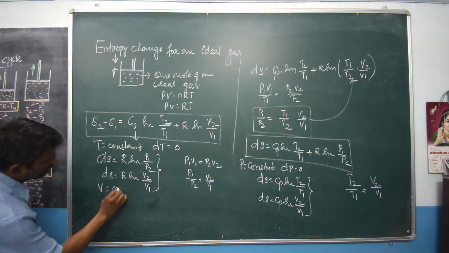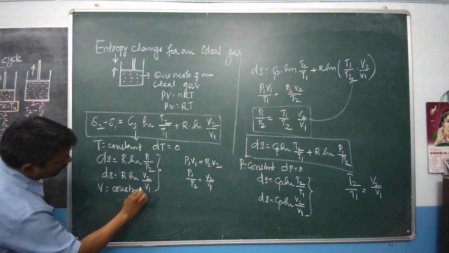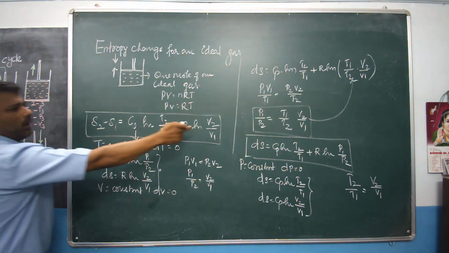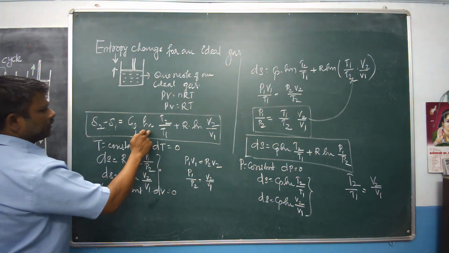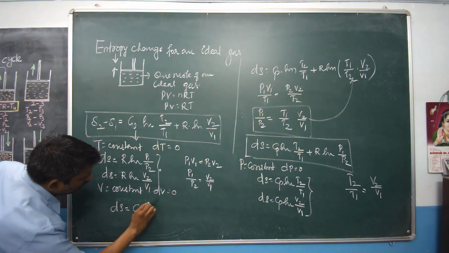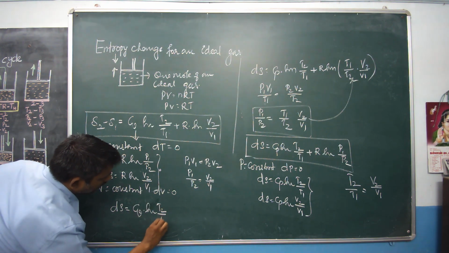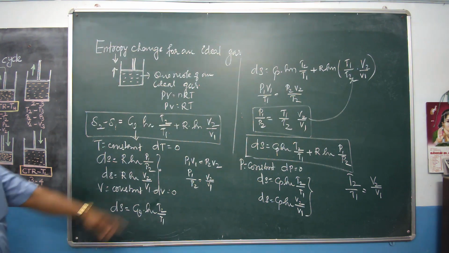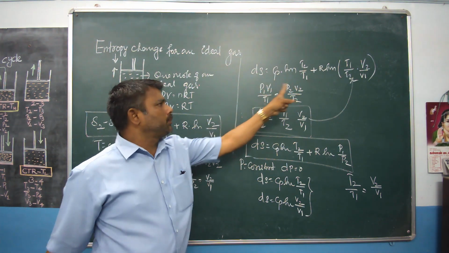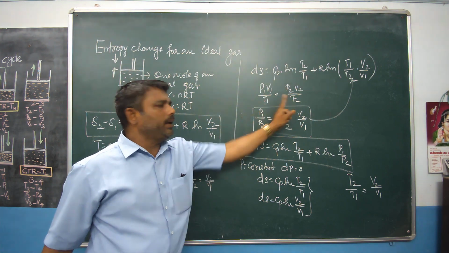Next one is the constant volume process. V is constant, hence dV is equal to 0. Using this equation, when volume is constant, this equation becomes dS is equal to Cv ln T2 by T1. In this equation, V1 and V2 are the same. V1 is equal to V2, hence P1 by T1 is equal to P2 by T2.